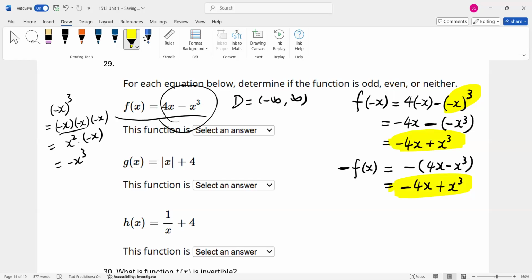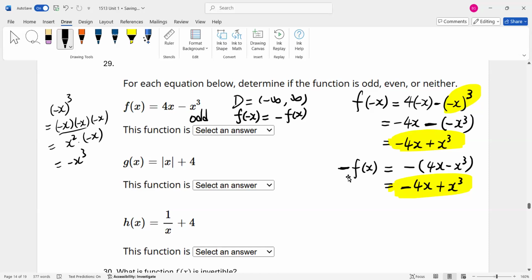So for function f, we proved the domain is symmetric and f of negative x is the same as negative f of x. And those are the two conditions for odd function. So this is an odd function. Okay, that's the first one.